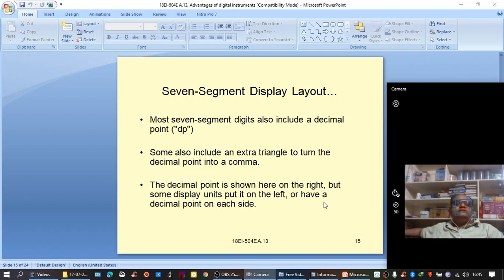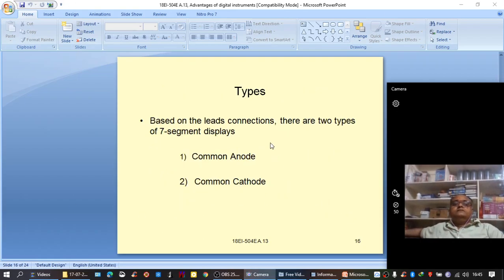According to the requirement, any one of the DP can be activated so that it will glow. Then, based on the lead connections, 7-segment displays are classified into two categories. First one is common anode type of 7-segment display, and second one is common cathode type of 7-segment display.